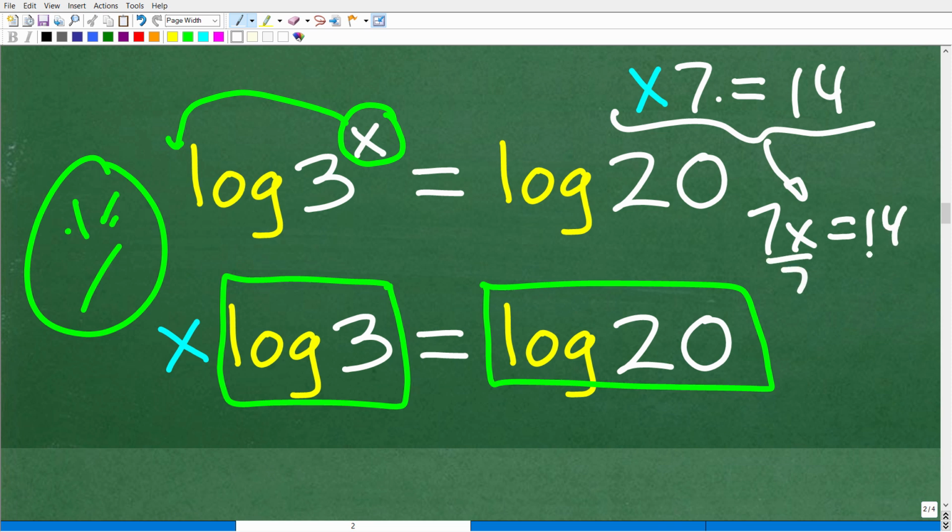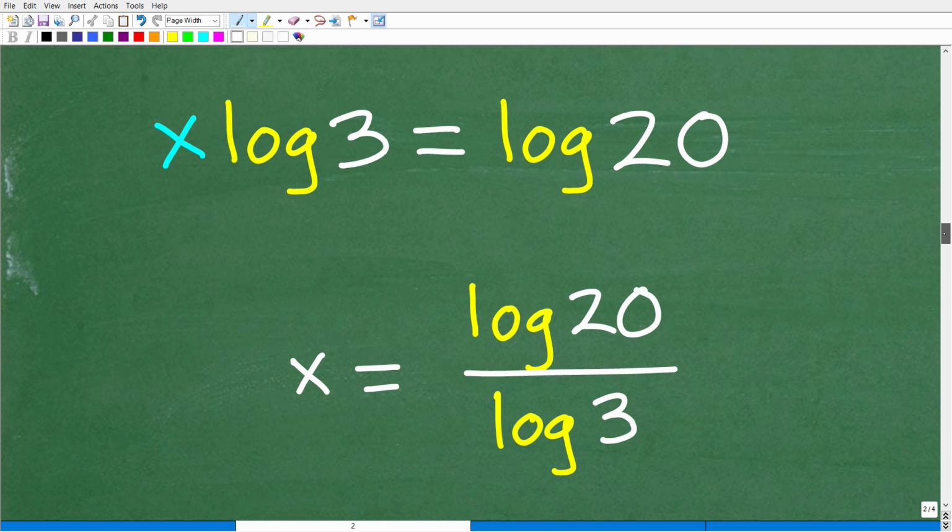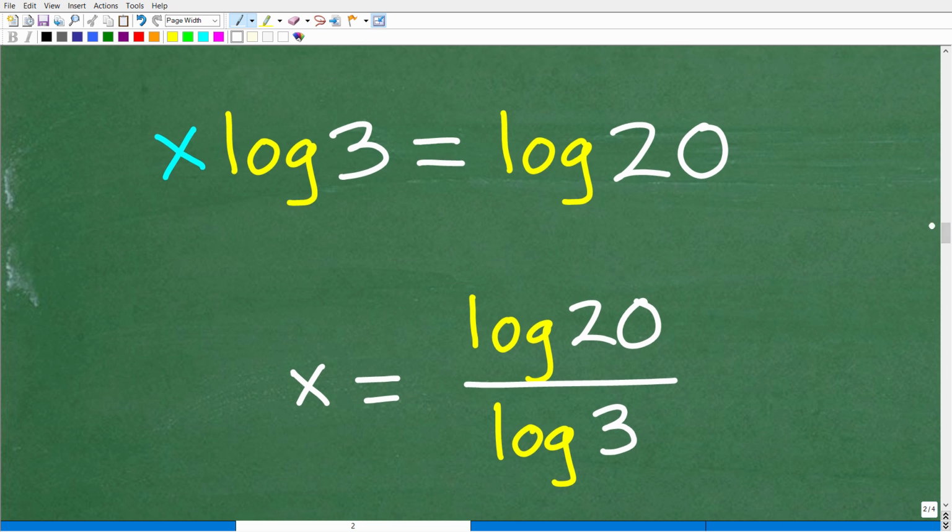So to solve for x, I just have to divide both sides of the equation by 7. And hopefully you're going to say, oh, okay, I understand. I know what I have to do. Do I have to divide both sides of the equation by log 3 to solve for x? Yes, indeed. That's what we have to do. Let's go ahead and see the rest of this problem.